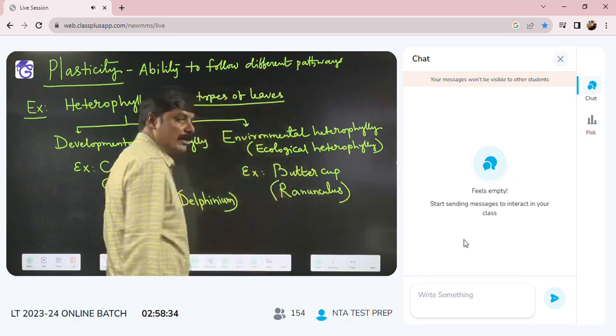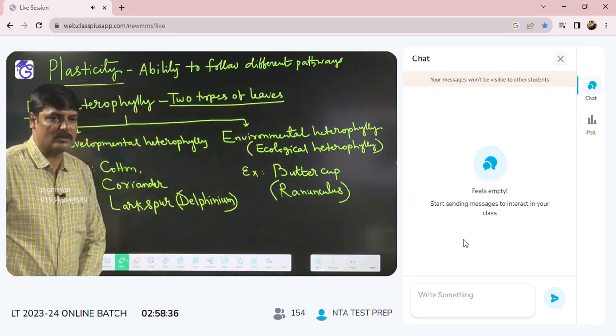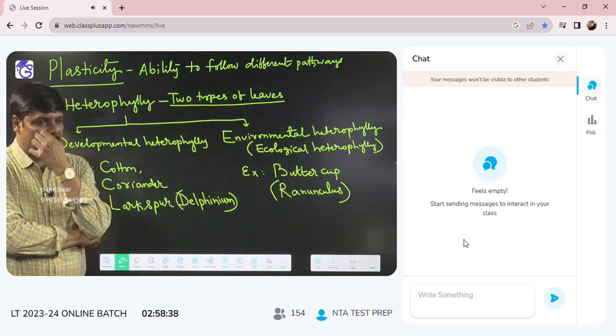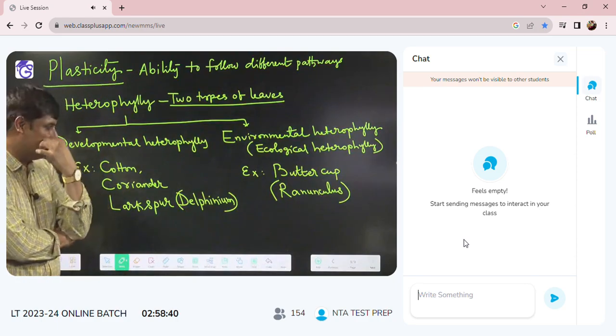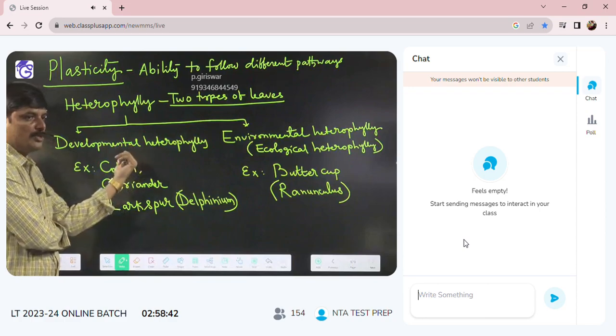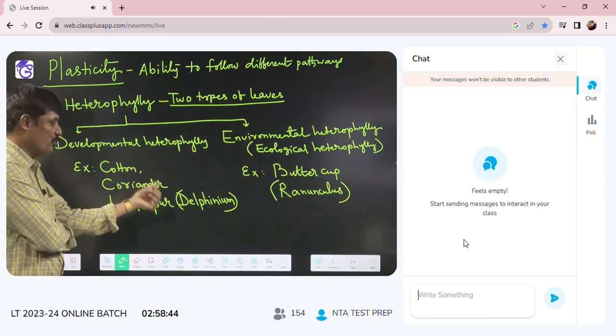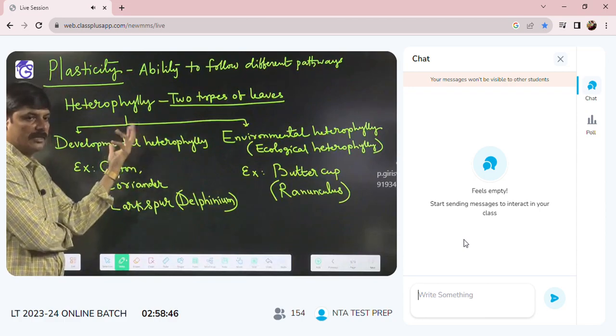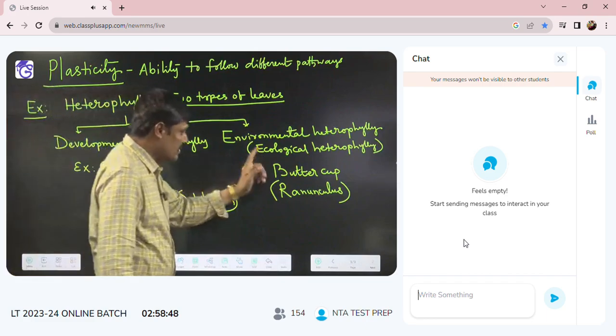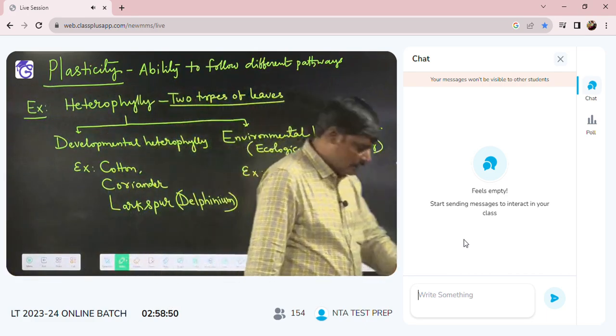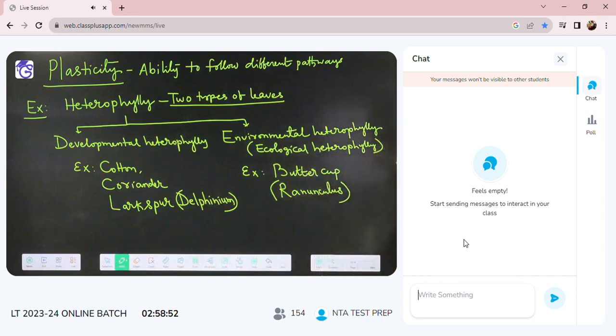Young juvenile plants show one type of leaves, mature plants show another. The best example for environmental heterophily is buttercup, scientific name Ranunculus. Ranunculus is an amphibious plant.